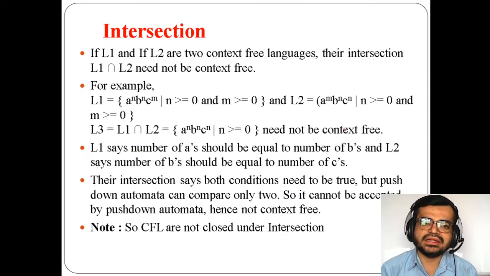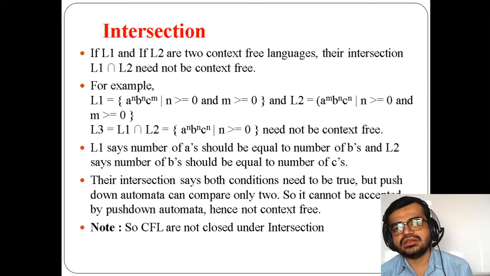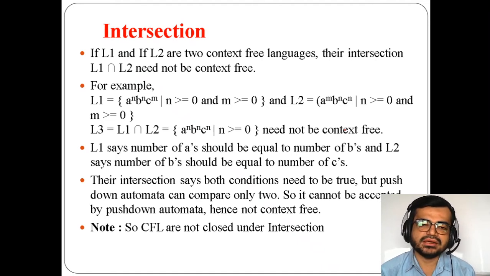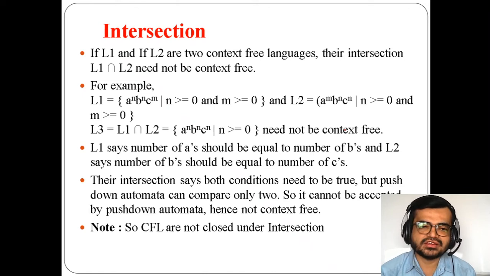The next is about intersection. And I said that intersection may not be context free. It can be or it may not be. So not always will it be context free. Let us assume for intersection we also require two different languages.